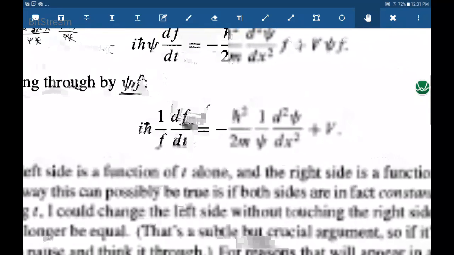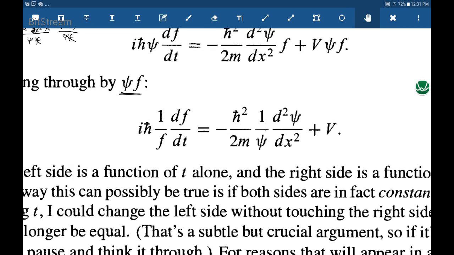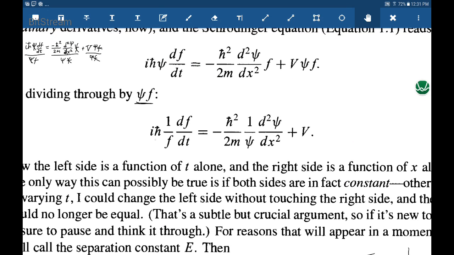It gave us this. So now what I have is f is a function of t, and it's together with its derivative, which is also a function of t. So over here, we have things that depend on t.